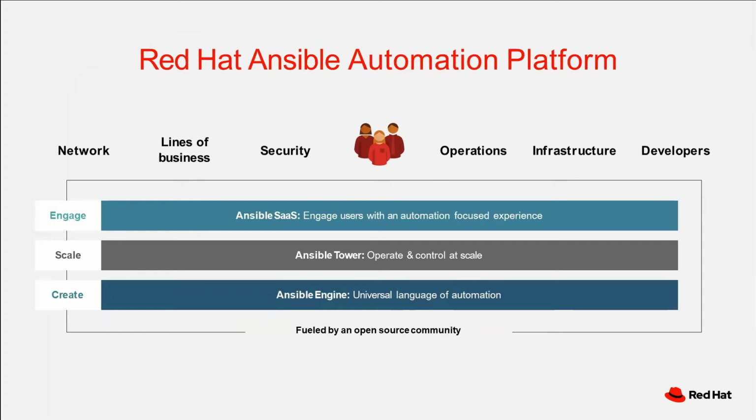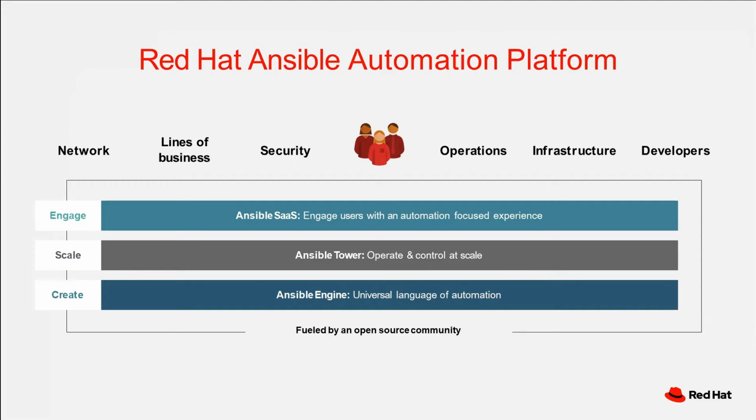And then right above that, at the scale level, is Ansible Tower. Ansible Tower allows us to extend the capabilities of Ansible Engine and use role-based authentication and have security built in for our credentials. There are a lot of benefits to using Ansible Tower, and it allows us to scale Ansible out for the entire enterprise and use that in a safe and secure manner.